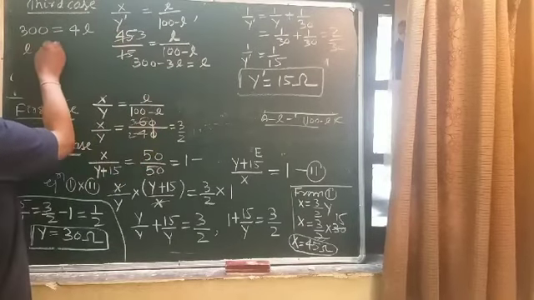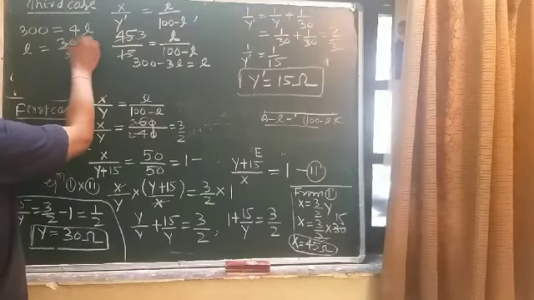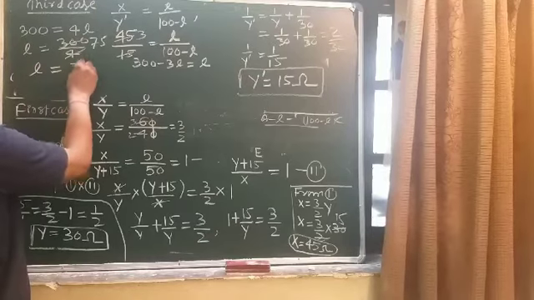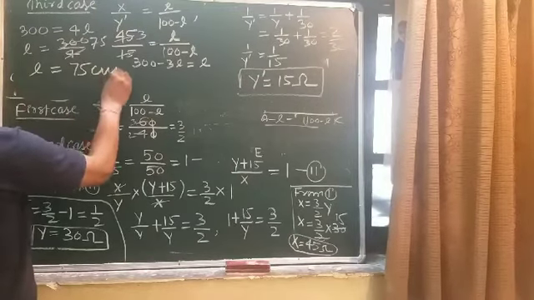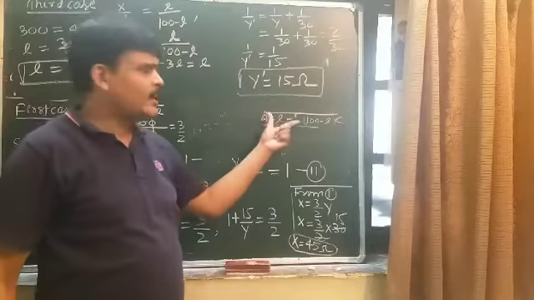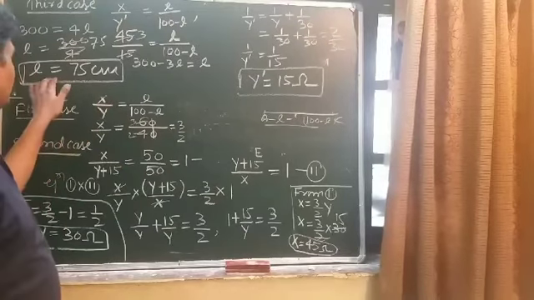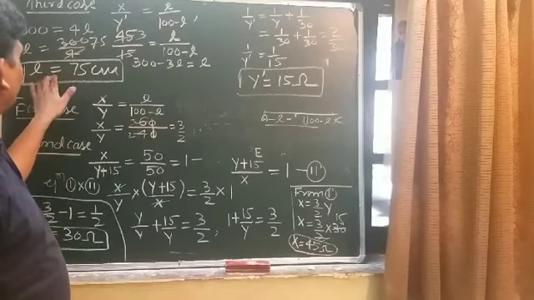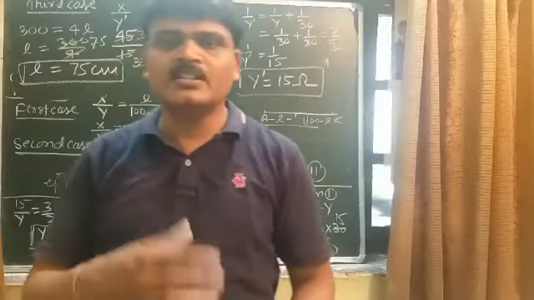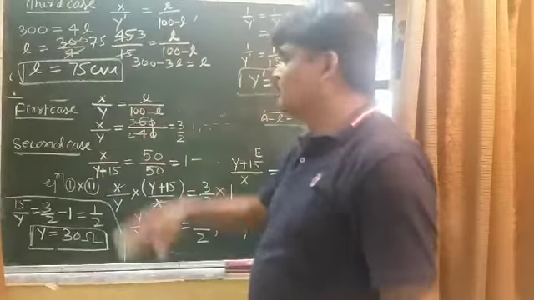So L comes out to be 300 by 4, which is 75. So the null point is obtained at 75 centimeter from end A, and this is the final result for L.